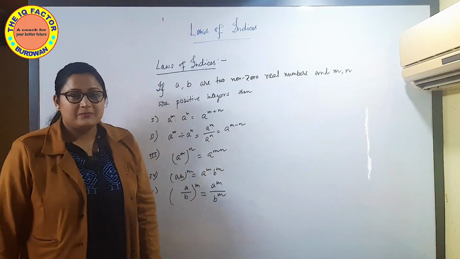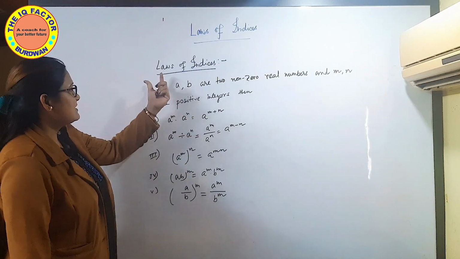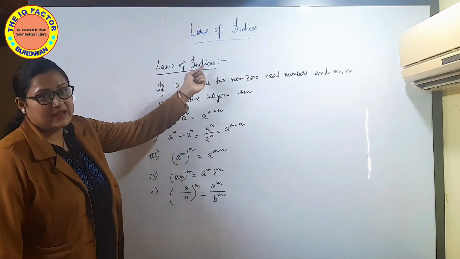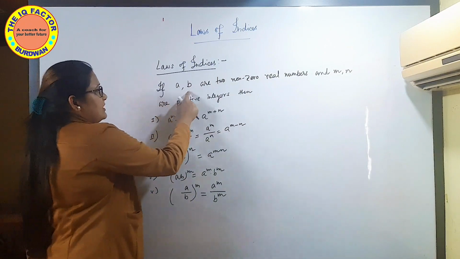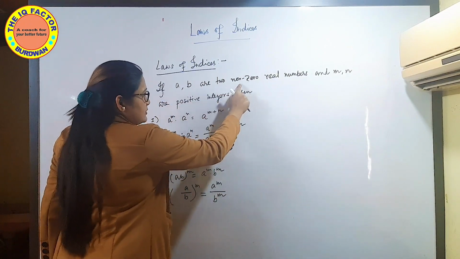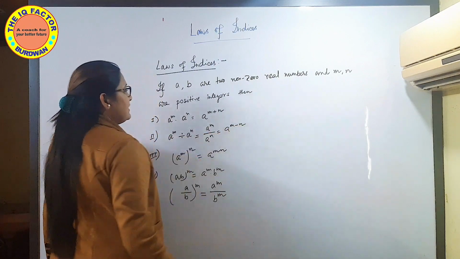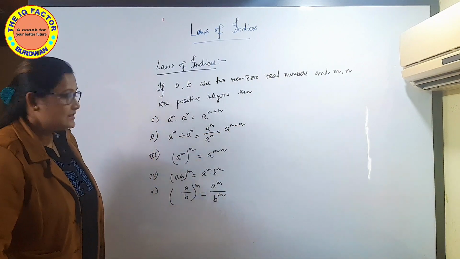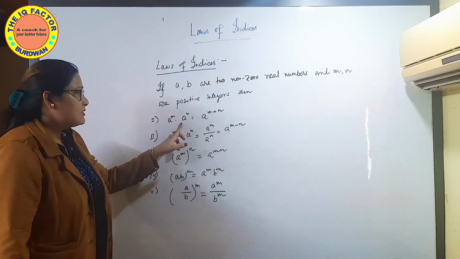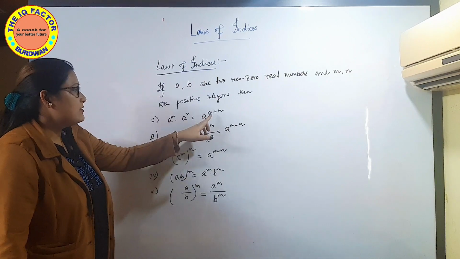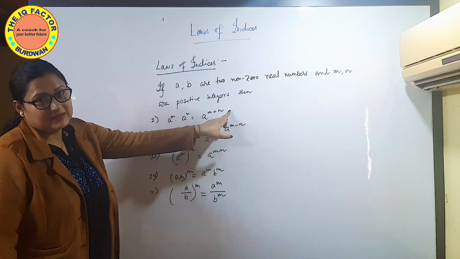Now, the most important thing is laws of indices. If a, b are two non-zero real numbers and m, n are positive integers, then a to the power m into a to the power n is equal to a to the power m plus n.